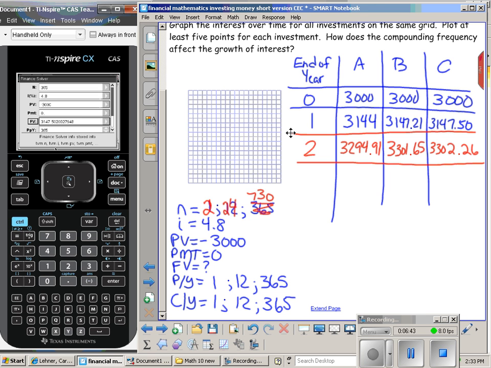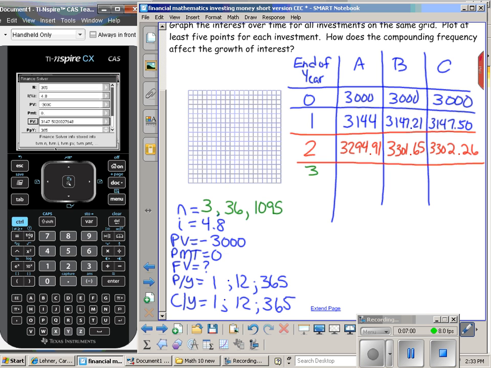So let's look what happens after year 3. So again, our Ns. Year 3 for annually is just 3. Year 3 for monthly, 3 times 12 would be 36. And year 3 times daily, 3 times 365 would be 1,095.